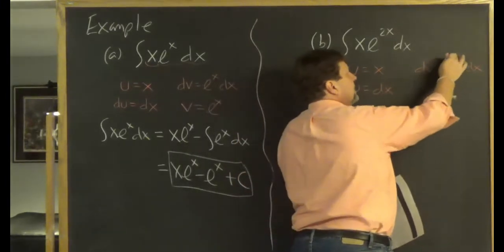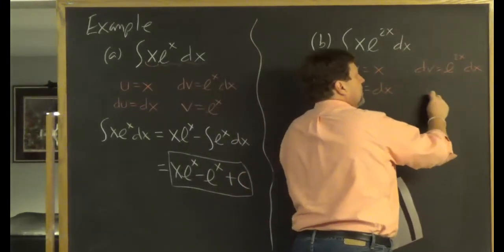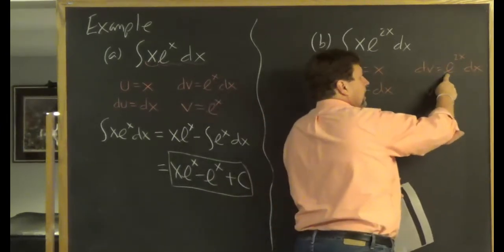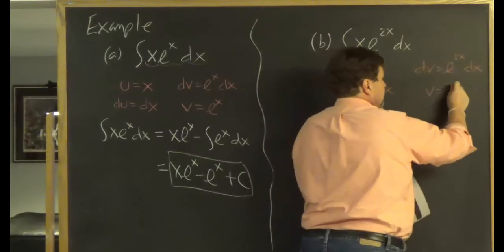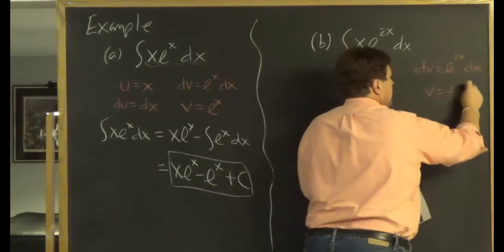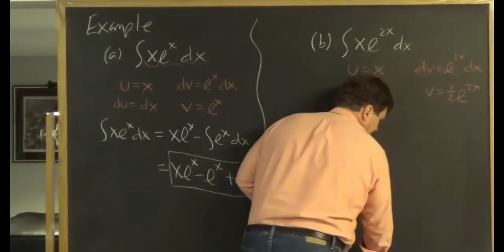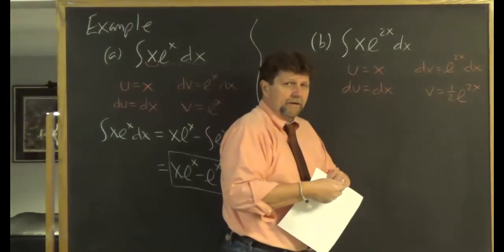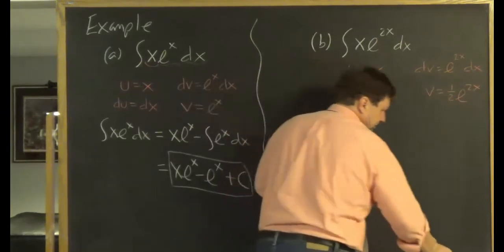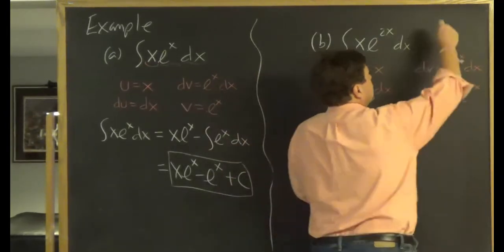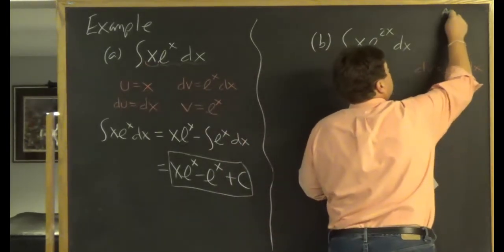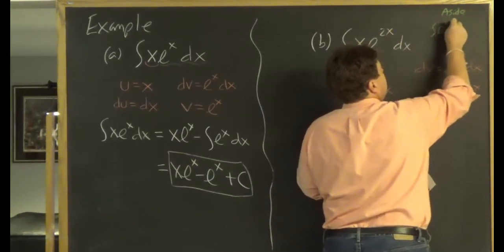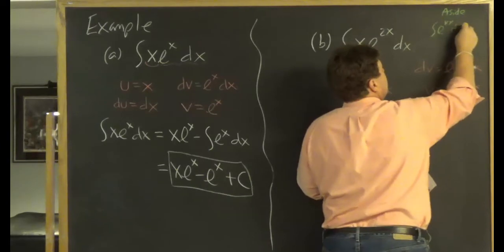If dv is e to the 2x dx, well, to get v, I have to do that little mini integral here. And the antiderivative of e to the 2x dx is 1/2 e to the 2x. I mean, remember we talked about a little formula. As an aside, we talked about a little formula for the antiderivative of e to the kx dx.